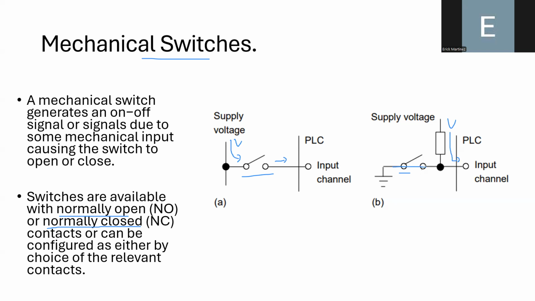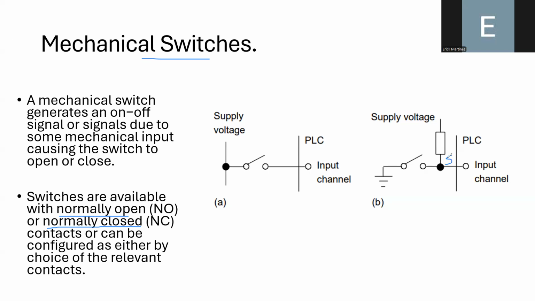So when you close the switch, the current, instead of going to the PLC, will go to the ground terminal. These are different ways in which you can connect the switch, and they behave differently in the way they provide an input to the PLC. For example, here the PLC is always receiving a high voltage.